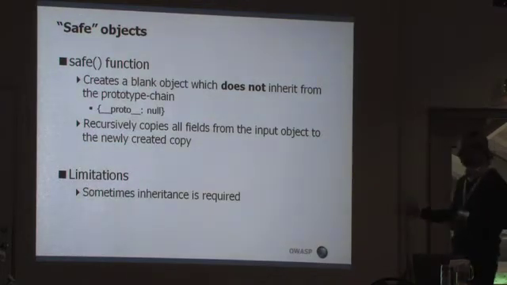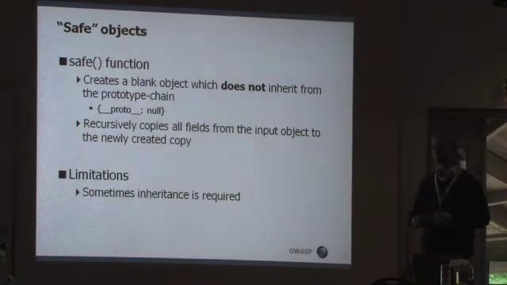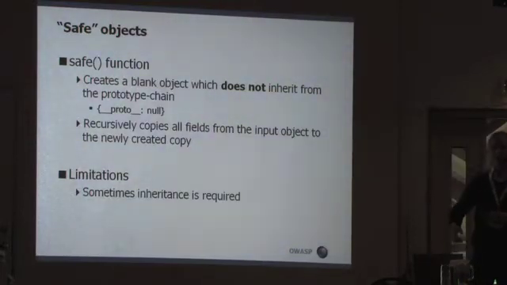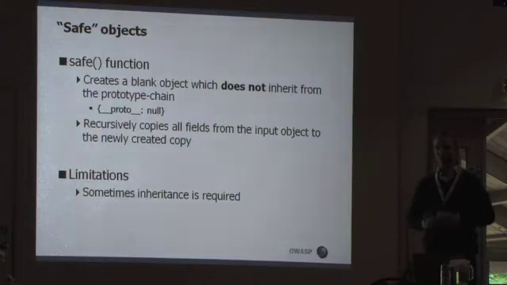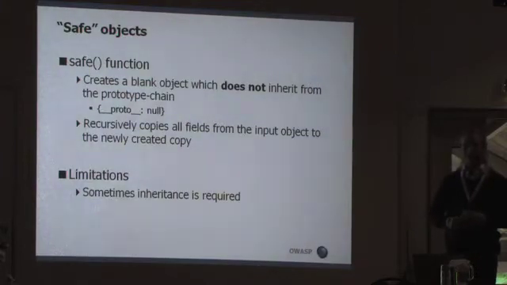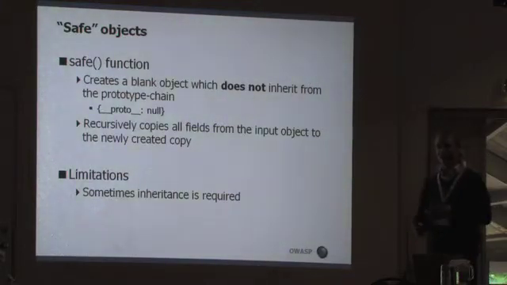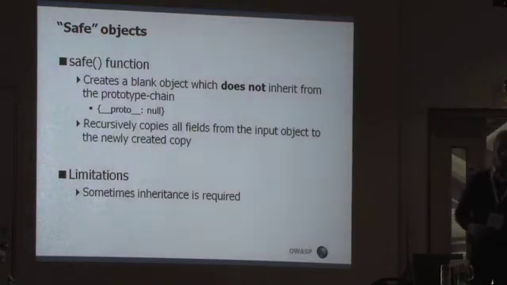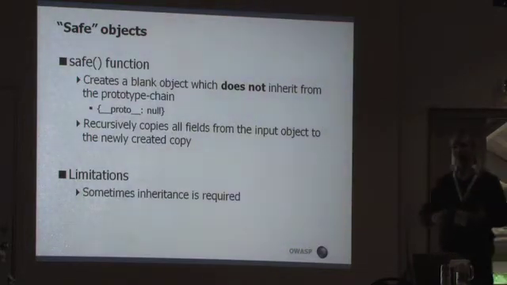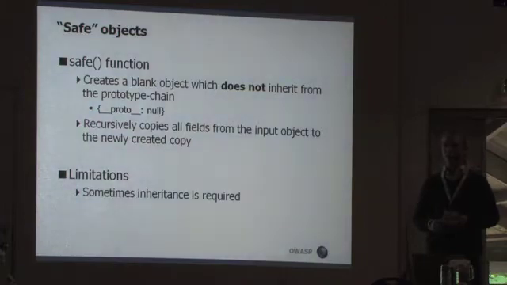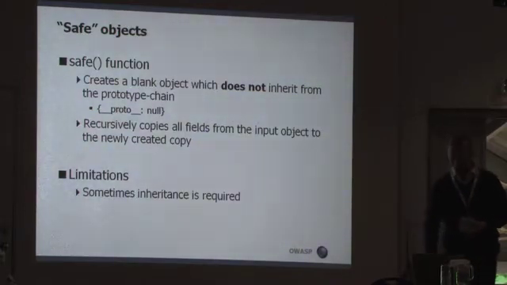That's a limitation of the safe function at the moment. So what you would actually like is to inherit what is actually intended, so that the user code cannot modify the intended behavior of the built-in functions.